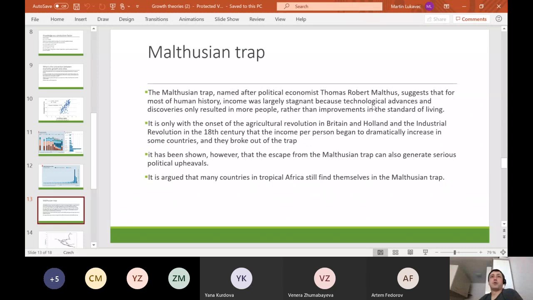There's kind of a skeptical point, because he said that people will never become richer: every time there's more production, there's going to be more people to eat it, and per capita is going to stay basically constant. He lived in the 18th century.